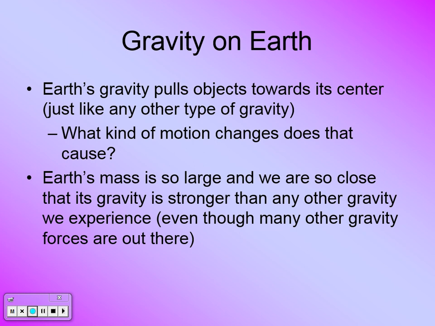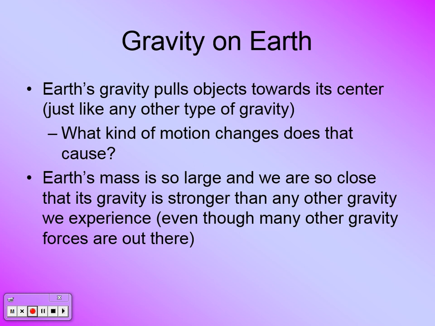Okay? The reason why we sometimes think of Earth's gravity as different than other kinds of gravities is that Earth's mass is so big, at least compared to us. In the grand scheme of the universe, Earth's mass is not very big. But compared to us, Earth has a huge mass, and we are really, really close to it.